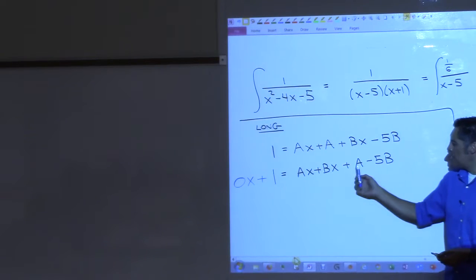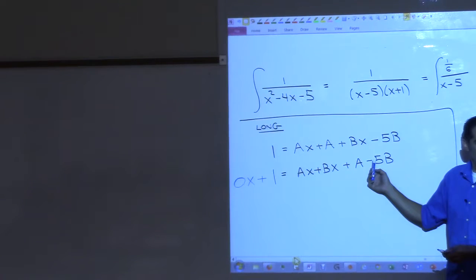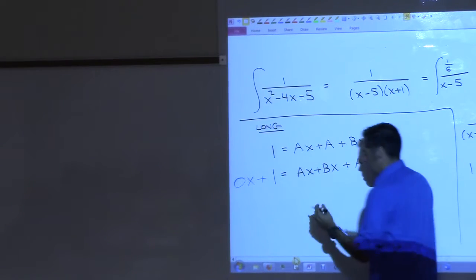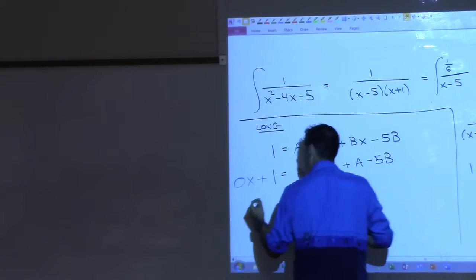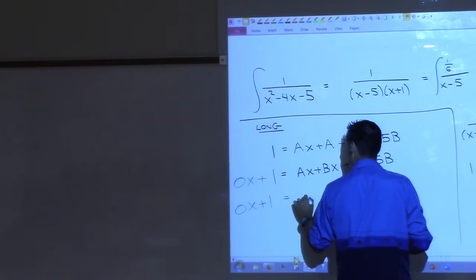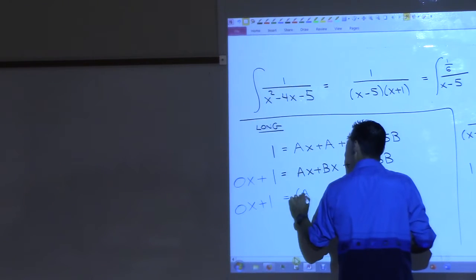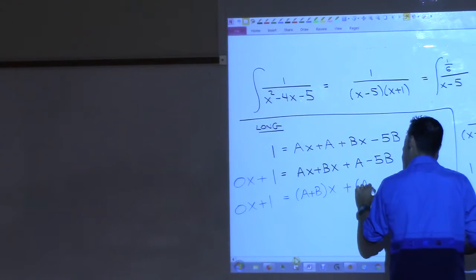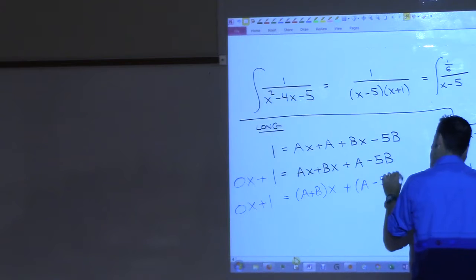And that means anything that doesn't have x in it has to add up to be what? What's left? 1, right? So watch, I'm going to write it again. Hold on. 0x plus 1 is equal to, check this out, a plus b x plus a minus 5b, like that.